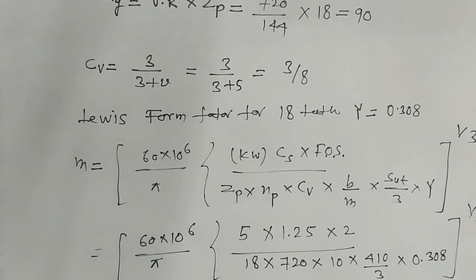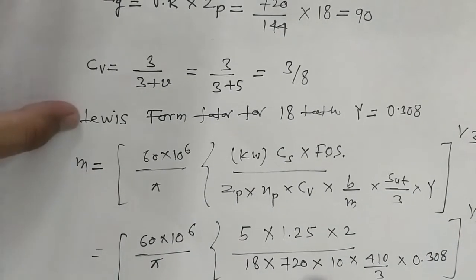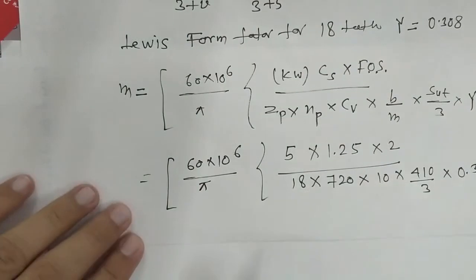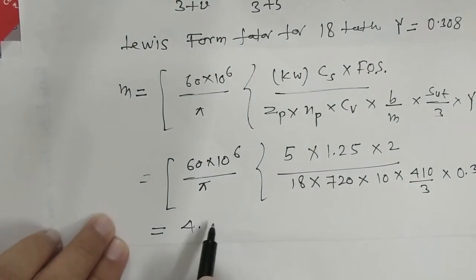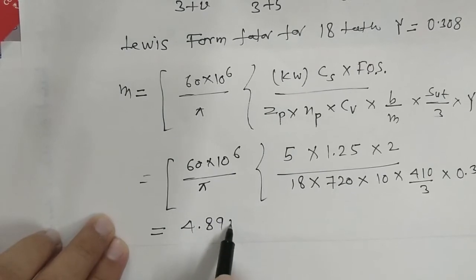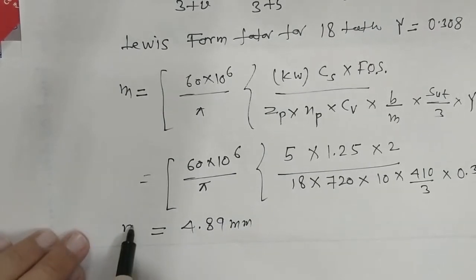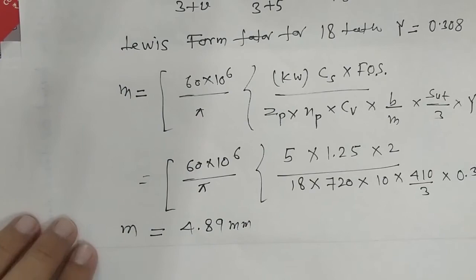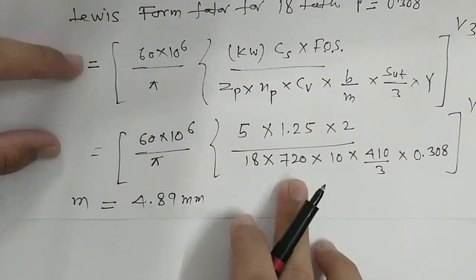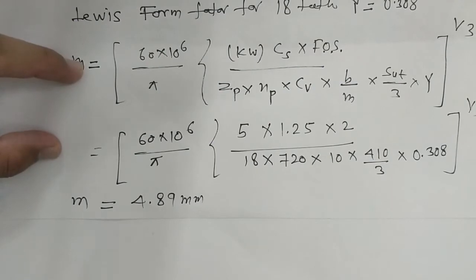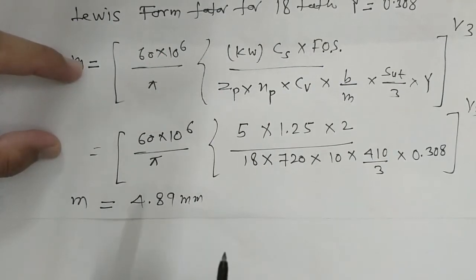So now we will calculate these values using a calculator. This will turn out as 4.89 mm. So module equals 4.89 mm. Now for the preferred value of module we will refer to a table.